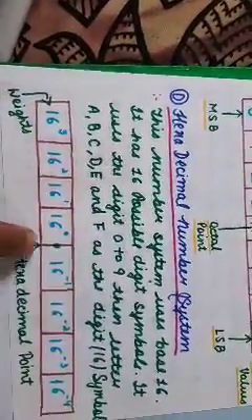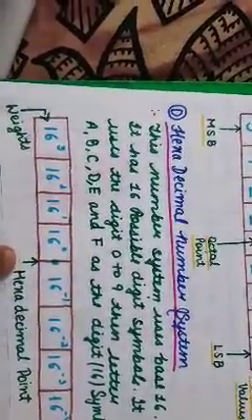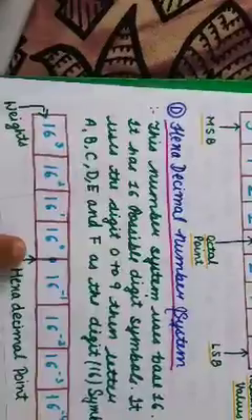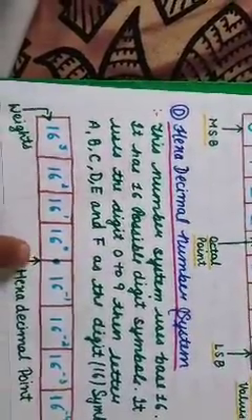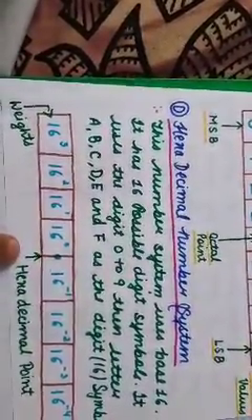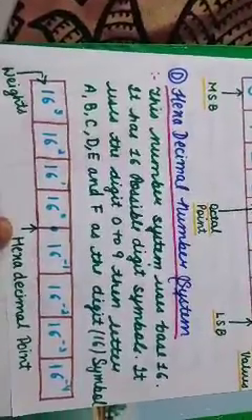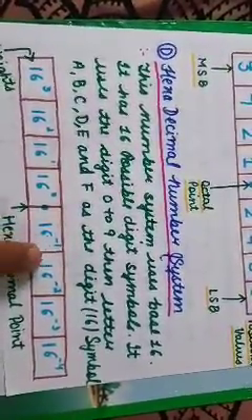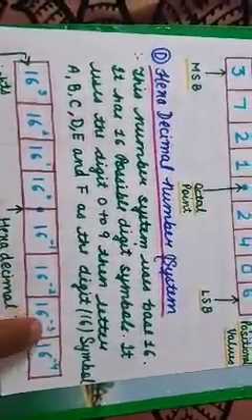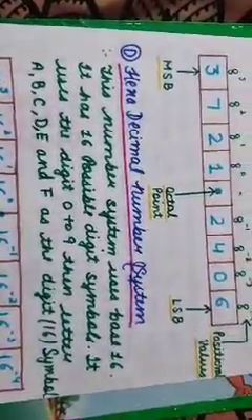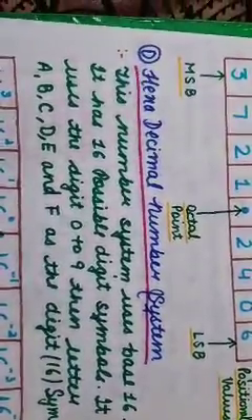And this is the point known as the hexadecimal point. In case of decimal it is the decimal point, then binary point, octal point, and in hexadecimal it is known as the hexadecimal point. And the same 16 minus 1, 16 minus 2, 16 minus 3 and 16 minus 4. Rest of the conversion we will discuss later.